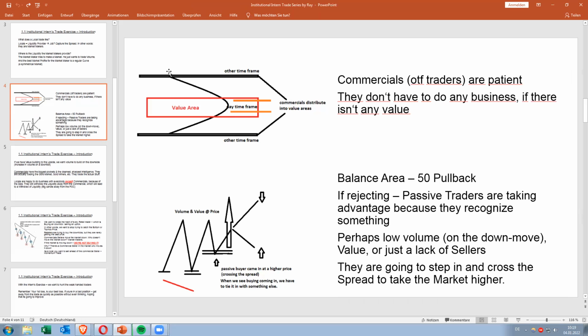The spread here is really low, so if they take business here, nobody else is taking business here except commercials. If they see something at the 50 pullback, they will try to take the market higher.